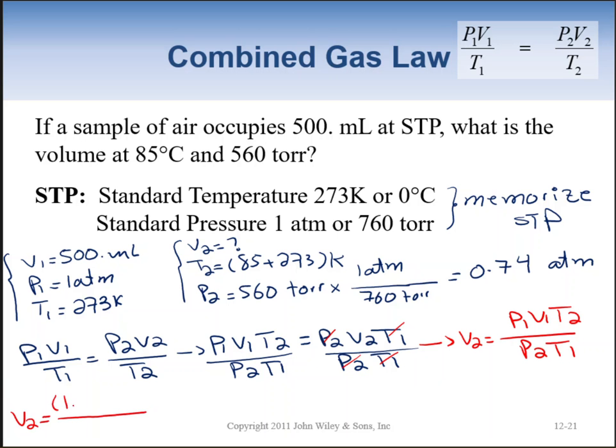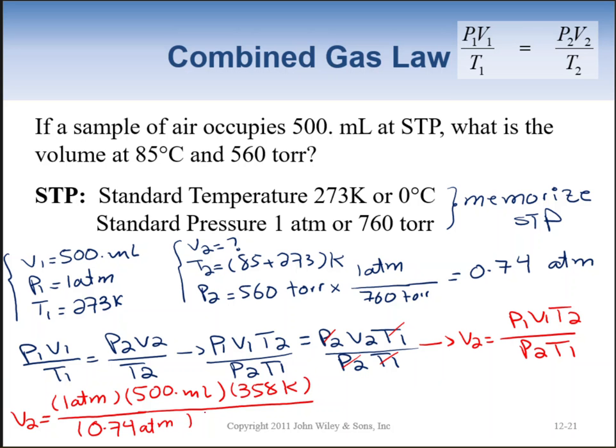Now P1 is 1 atmosphere, V1 is 500 milliliters, T2 is 358 Kelvin, P2 is 0.74 atmosphere, and T1 is 273 K.